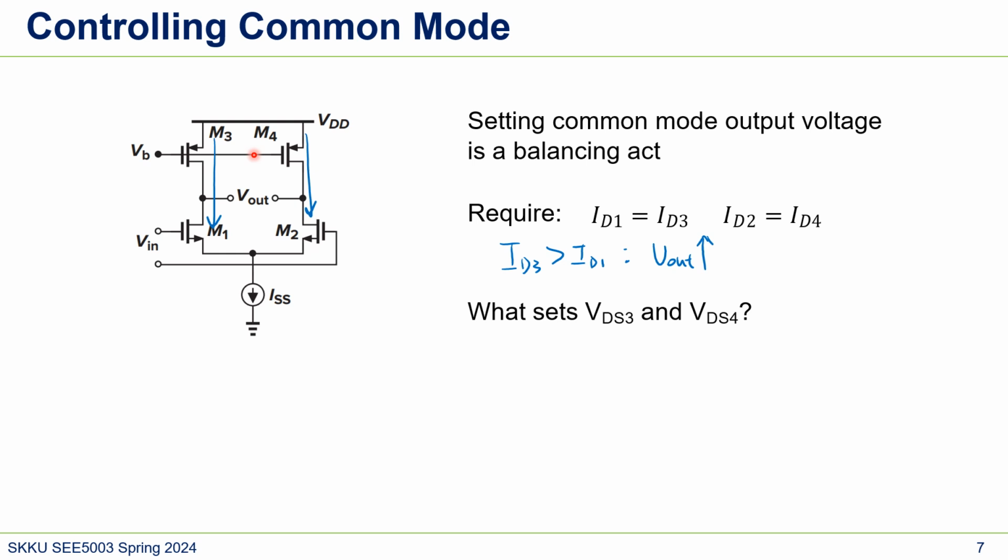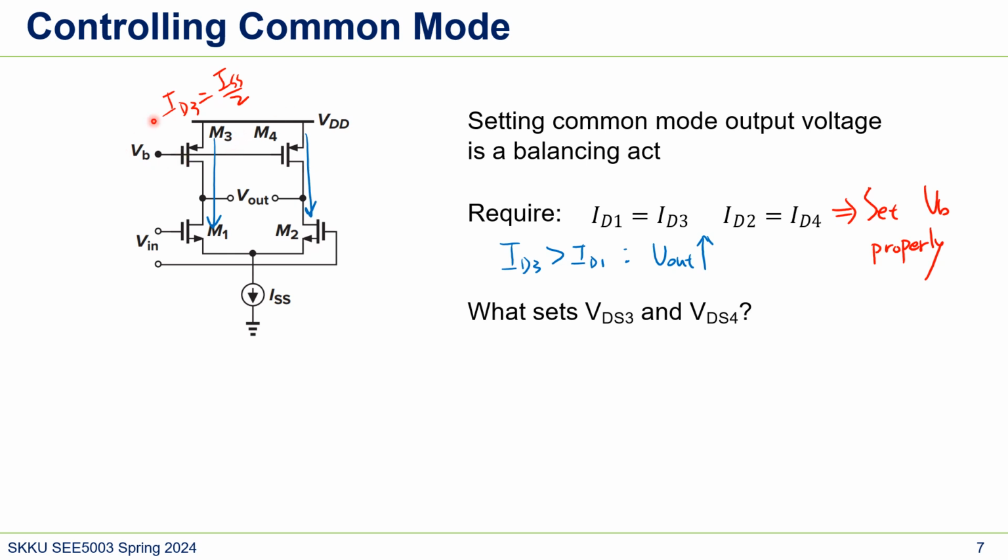Setting this current the same means we have to set VB properly, and that's hard actually. Even if you use a current mirror, it's hard to set it the same. We need to set VB properly so that the current ID3 should be ISS over 2, and that's kind of difficult.